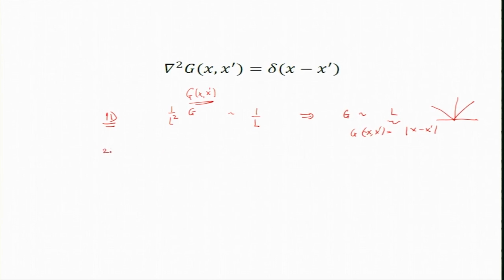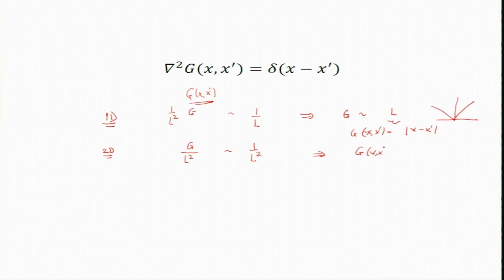In 2D what do we expect? Laplacian will be 1 over L squared. Laplacian is always the same, right, 1 over L squared, but the right hand side is delta of x minus x prime vector. So, in 2D it is 1 over L squared. So, what should be the Green's function for this? Well, we do not get constant, it is log r or log of the difference, right.